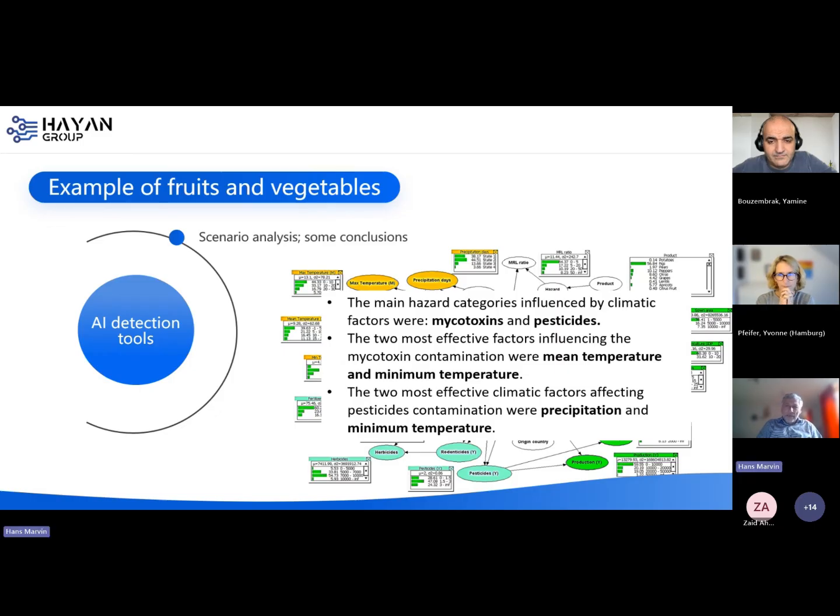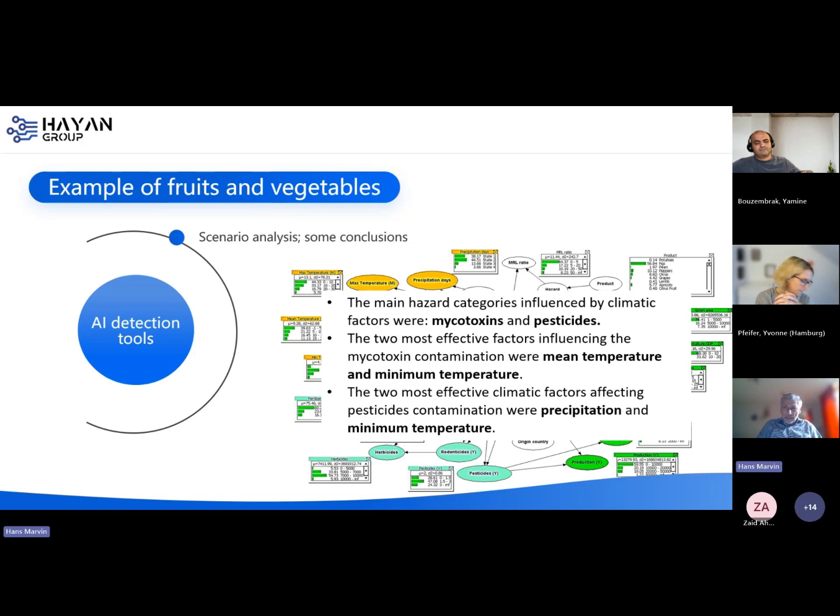which are highlighted here. So in the center, you can see the main hazard categories influenced by the climate factors were mycotoxins and pesticides. The other hazard categories were much less affected, which we would expect because of scientific publications and what we know about mycotoxins and pesticides.